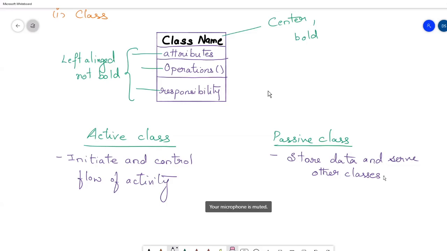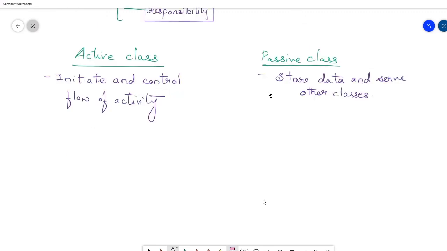Okay, now there is one more thing which is important about class, which is visibility. That means to make the class accessible, meaning who all can access the information contained in the class. So the next important parameter about the class is its visibility.